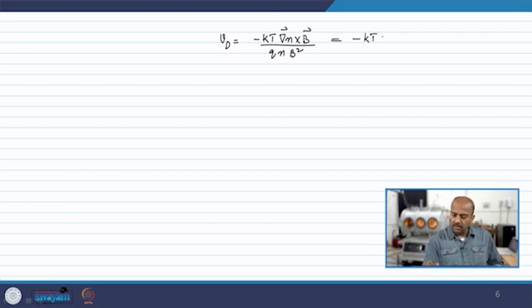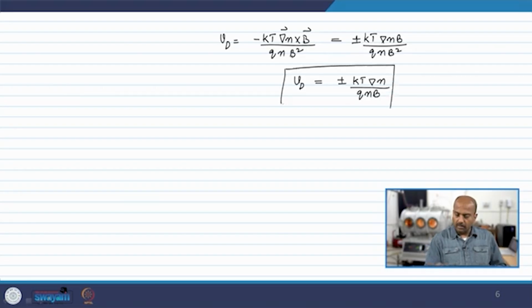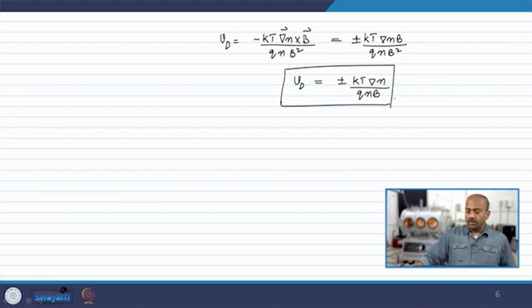So, we can write del n cross B by q n B squared, which equals plus minus k T del n by q n B. This is the diamagnetic drift velocity written in terms of the number of particles or concentration gradient.